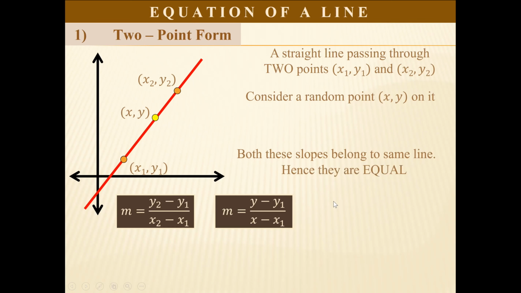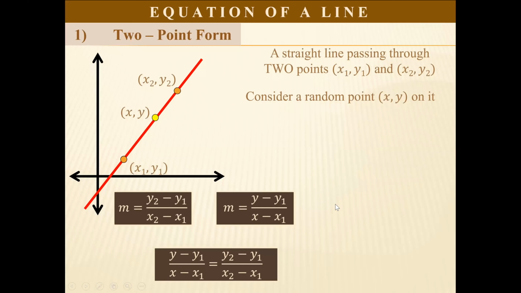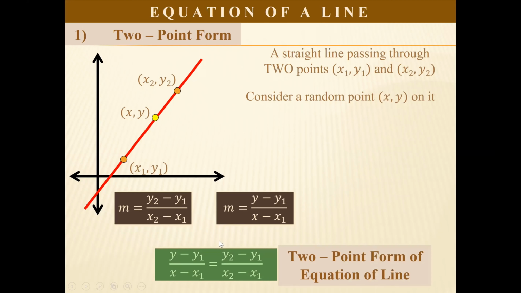So if you equate these two slopes, you get an equation where x and y are variables, and x1, y1 and x2, y2 are the given coordinates. So this is the equation of a line when 2 points are given. It is known as the 2-point form of the equation of a line. You can note down this formula: y minus y1 upon x minus x1 equals y2 minus y1 upon x2 minus x1.